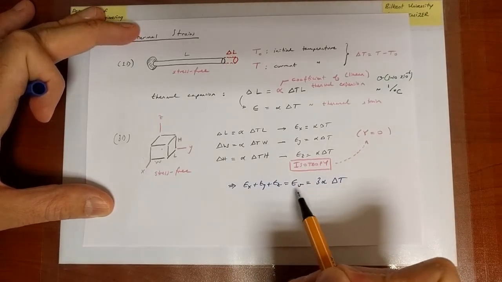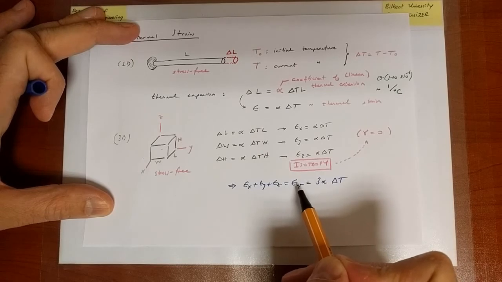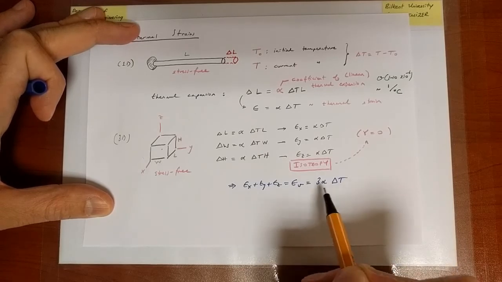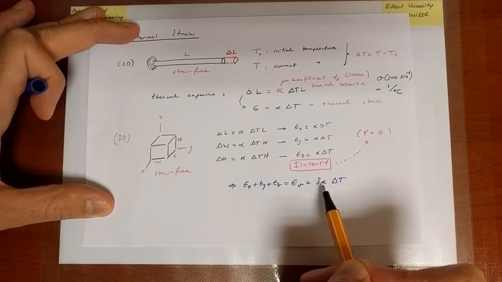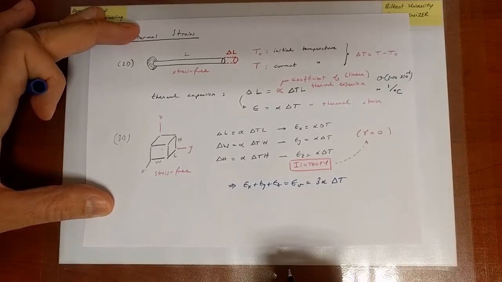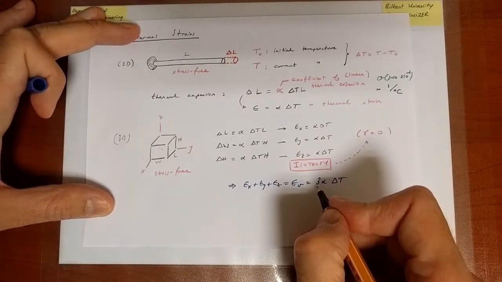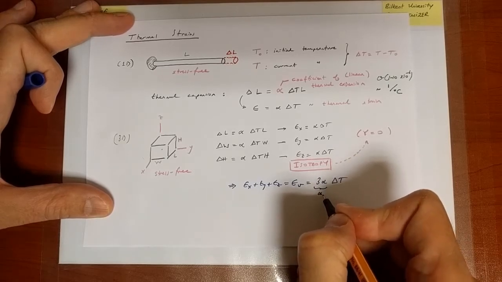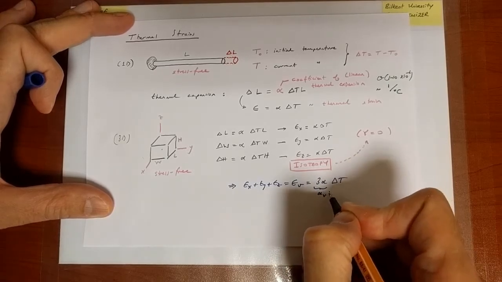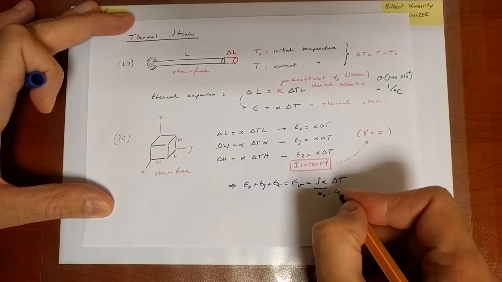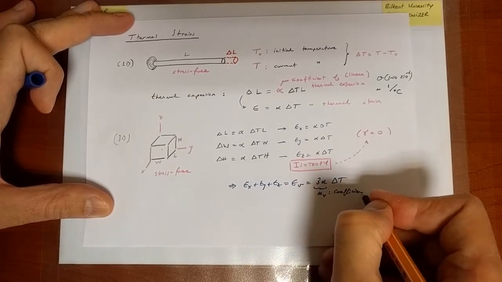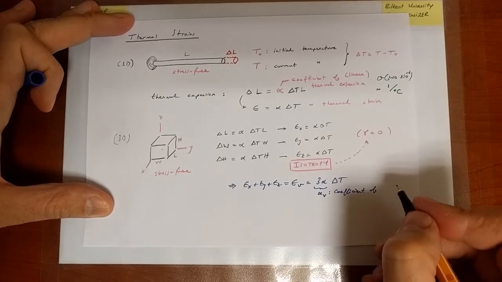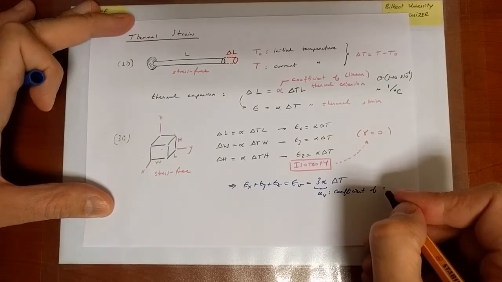So the ratio of the change of the volume with respect to the initial volume is 3 times the coefficient of linear thermal expansion times delta T, and this quantity is sometimes called, let's indicate it as alpha V, although we're not going to use it, the coefficient of volumetric thermal expansion.